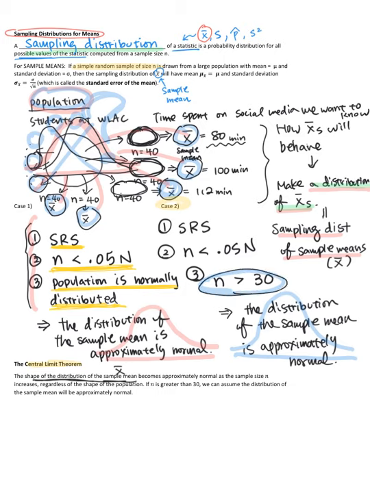As long as n is more than 30, then we can say that the sampling distribution is approximately normal. So the rule here says if n is greater than 30, then we can assume that the distribution of the sample mean will be approximately normal. All right, so you're going to have one of these two cases when you're doing examples.